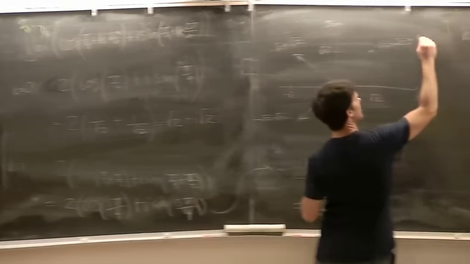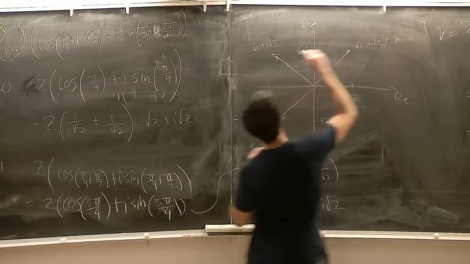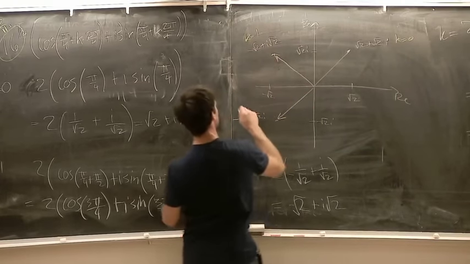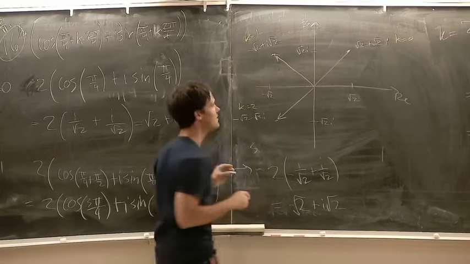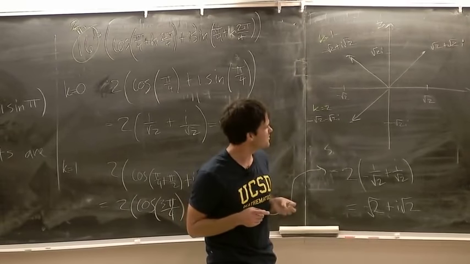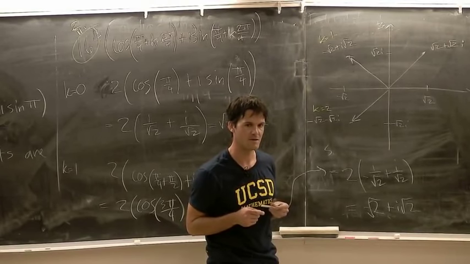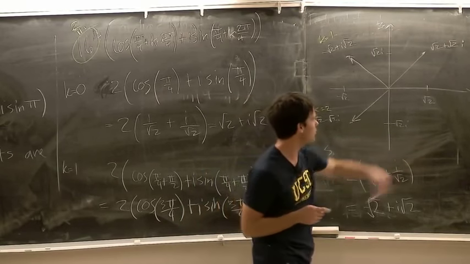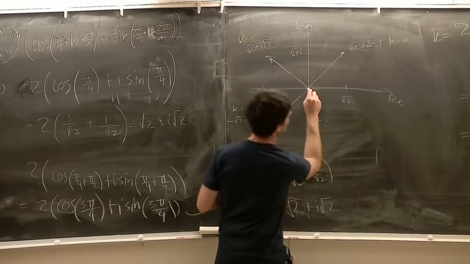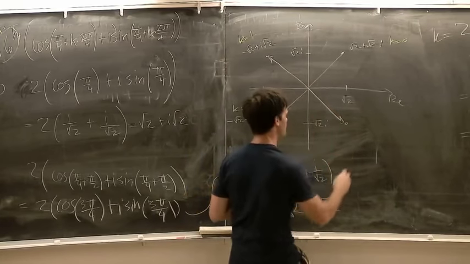So this was the k equals 0. This was the k equals 1. This was the k equals 2. Any guess? Where should the k equals 3 one be? In the fourth quadrant, right? Yeah, okay, so I'm not even going to finish this, but maybe you can just tell.